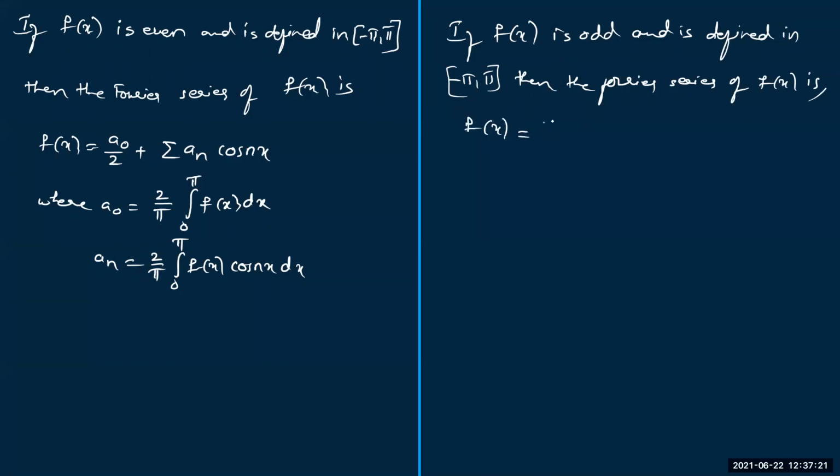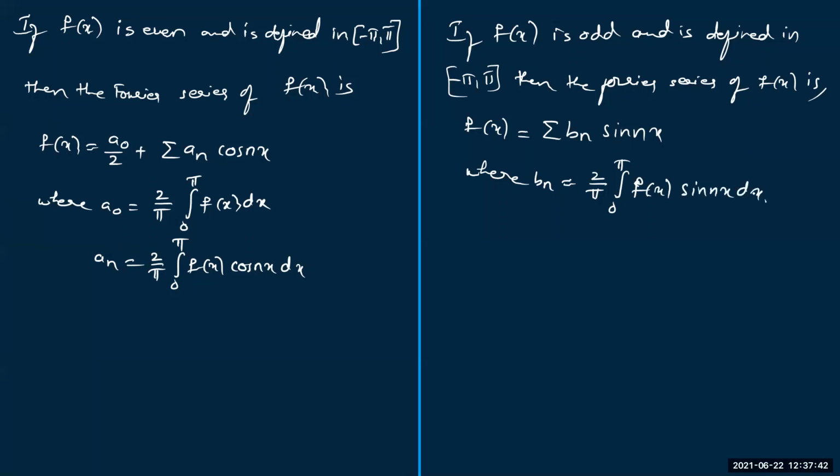So we can write f of x equals summation bn sin nx. So from here you can understand what bn is, where bn is equal to 2 by pi into integration from 0 to pi f of x into sin nx dx.